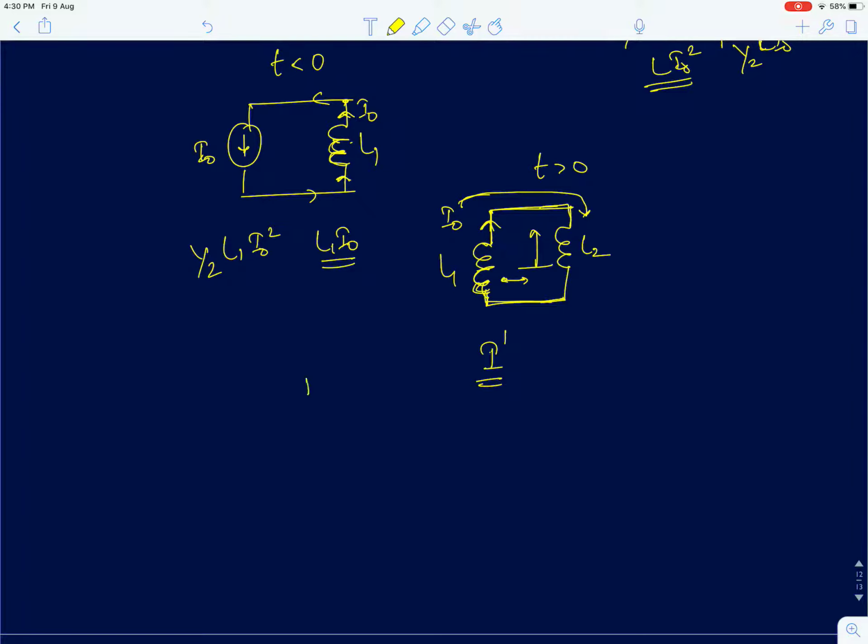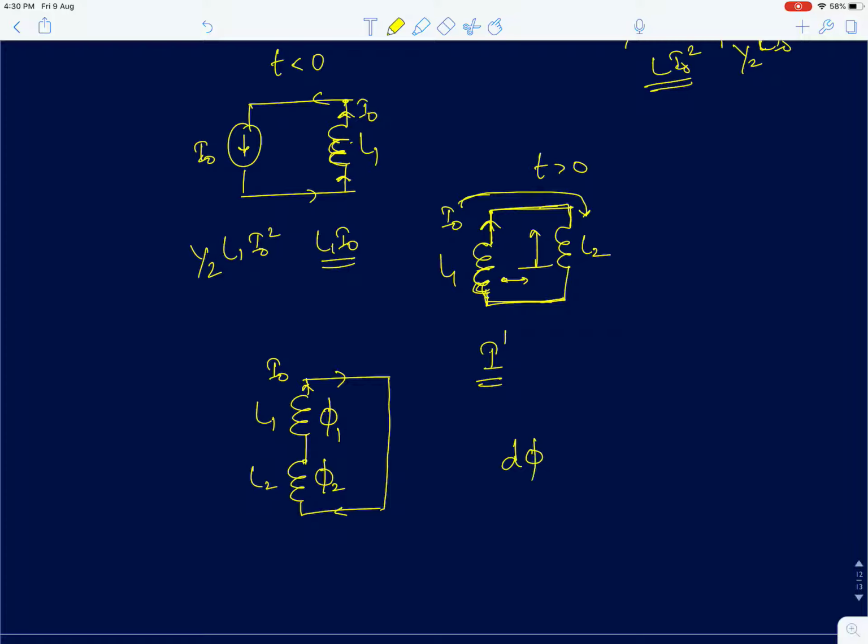To find that current, I will redraw the circuit in this way. Now there is a current I0 flowing in this loop. I will assume phi1 is the flux of inductance L1 and phi2 is the flux associated with inductance L2.